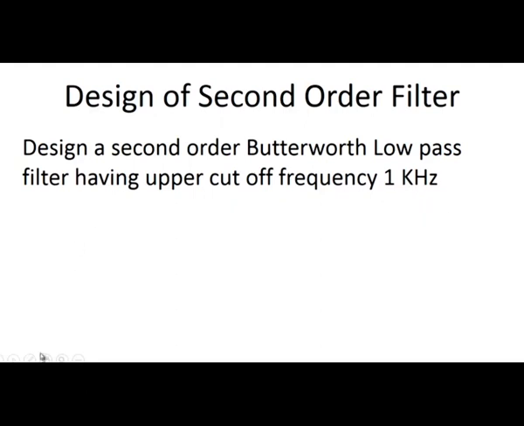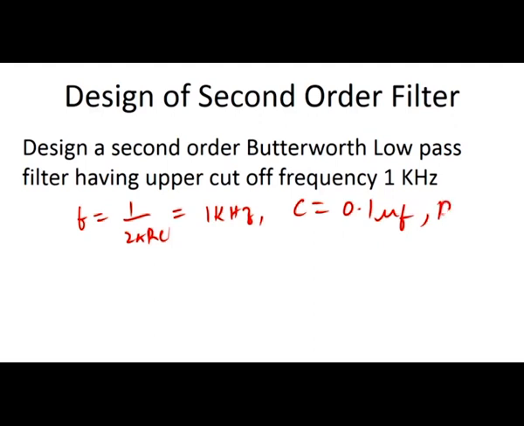Here we know that f is 1 by 2 pi RC, given as 1 kilohertz. Here C is assumed as 0.1 microfarad, and calculate what is R. And we know that alpha is equal to 3 minus A naught, which is given as 1.414.